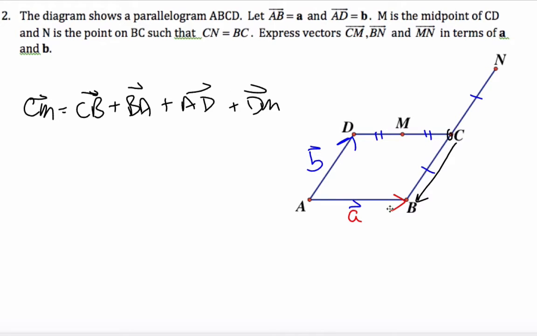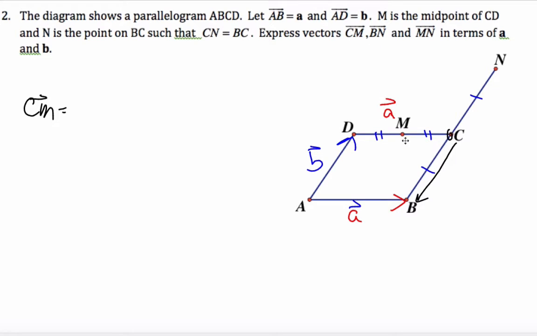I could go all the way around to get to here. But I could do something a lot easier than that. I know that AB and DC are the same because it is a parallelogram. And if I want CM, this value here, I know then it's negative in the a direction. That's CD. I want half of it, so it's negative half a.